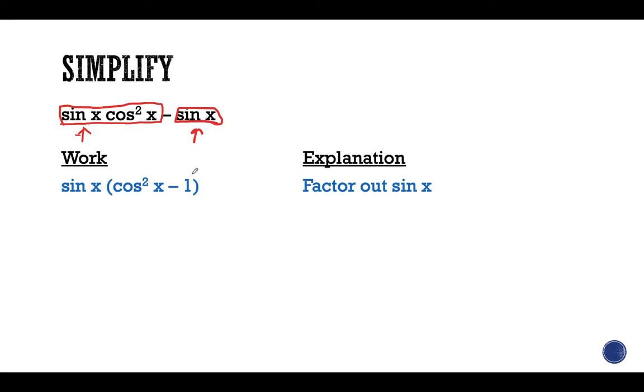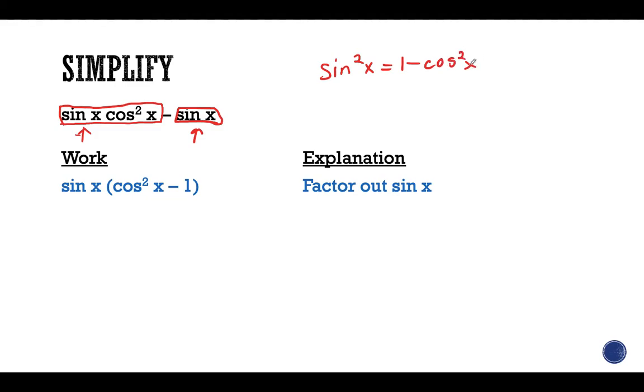If you look back on our previous slide, we manipulated sine squared plus cosine squared equals 1, and we moved the cosine squared to the other side, and that gave us an identity that said sine squared x is equal to 1 minus cosine squared of x.